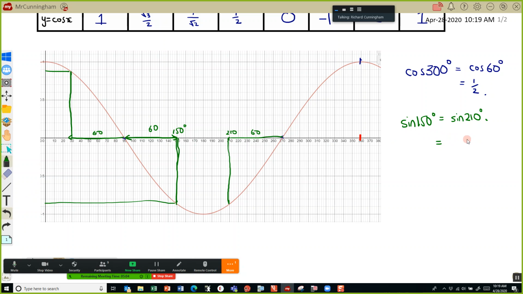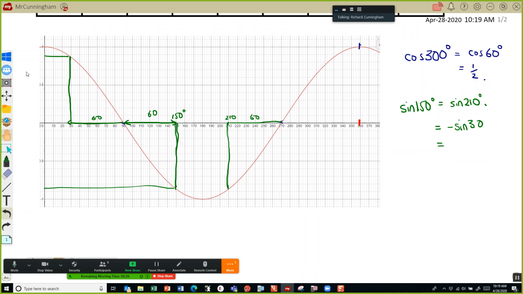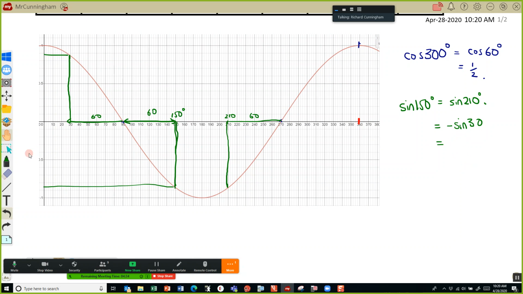So sine of 150 is going to be the negative of sine 30. Does that make sense? So what is sine of 30? Sine 30, we would use our triangles, and it is root 3 over 2. So my answer here would be negative root 3 over 2.